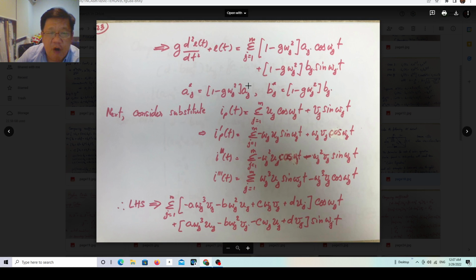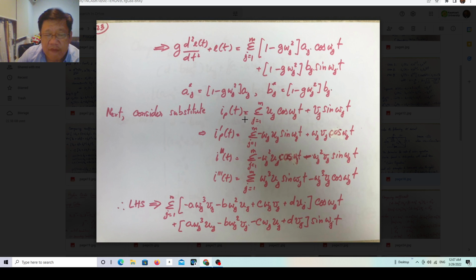The right hand side becomes summation j equal 1 to m of a star j cos omega j times t, plus b star j times sine omega j times t.